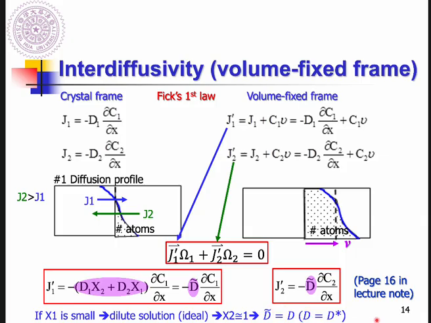This explains why in the examples you learned in material science and engineering textbooks, they only provide you one diffusivity. They didn't emphasize what type of diffusivity they measured, because all of them assume an ideal solution or dilute solution case, where all these diffusivities are the same.